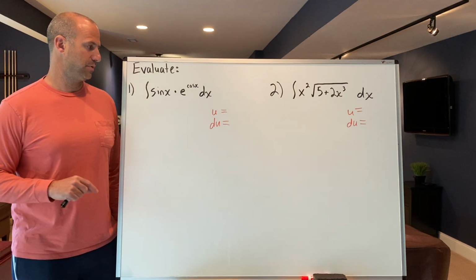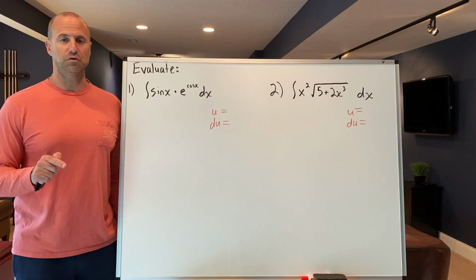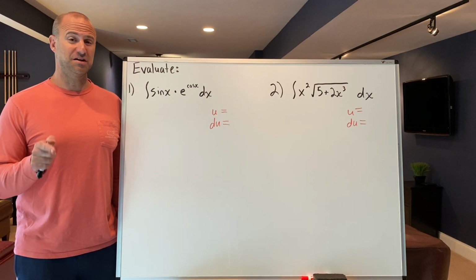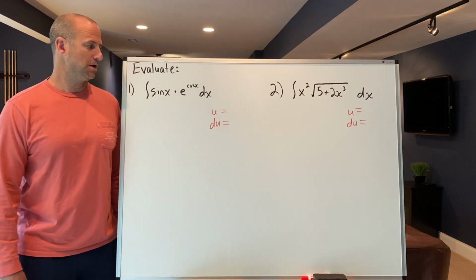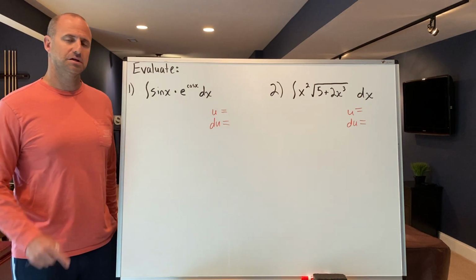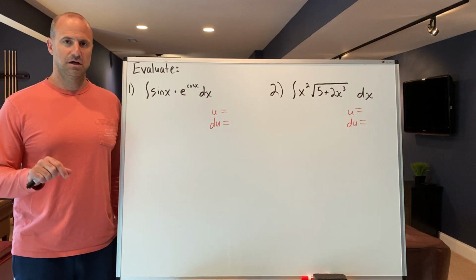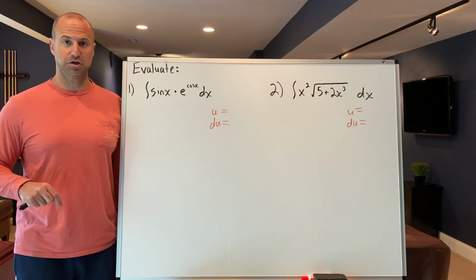Number one, first thing on every one of these, you need to establish U and then the differential of U, which is called du. So how do I pick a U when I do one of these problems? You want to pick something that is the inside function of a composition, okay?